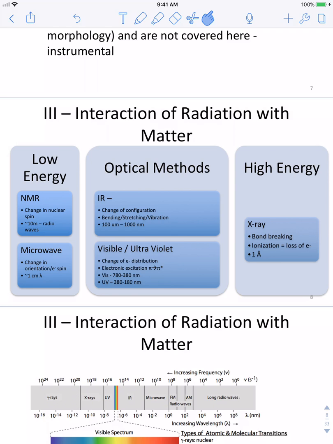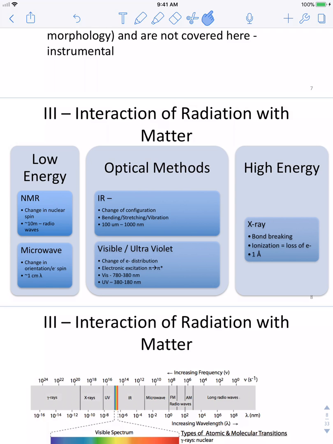All of you have been through organic, so you've probably run an NMR on a sample before, and here we're really looking at changes in nuclear spin. These are wavelengths on the order of 10 to 10 meters, so in the radio wave range and typically low energy.